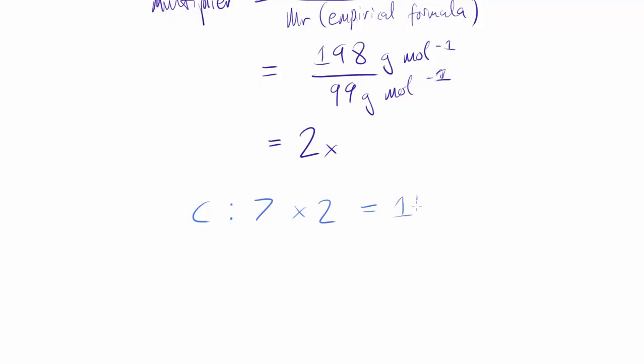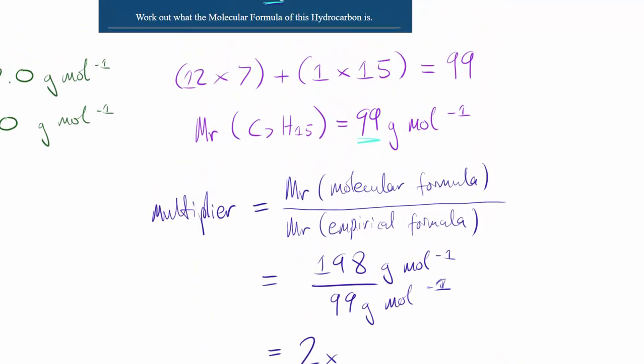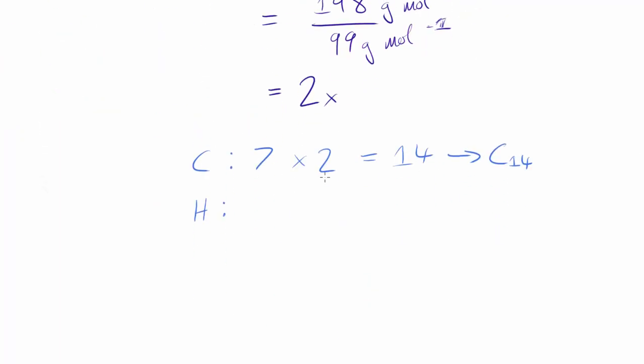That means we're going to have C14. Now for the hydrogen, if we do similarly, in the empirical formula we've got H15. We multiply 15 by the multiplier, which is 2, and it gives us 30. So that's going to be H30.